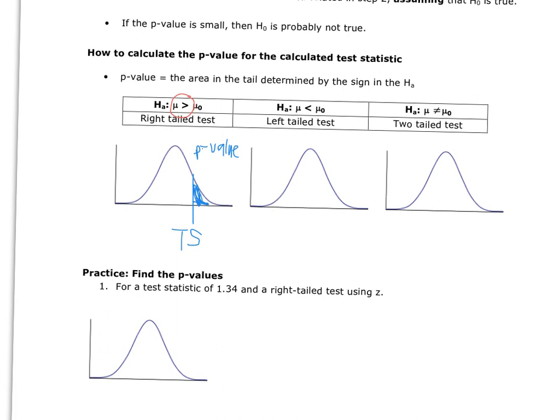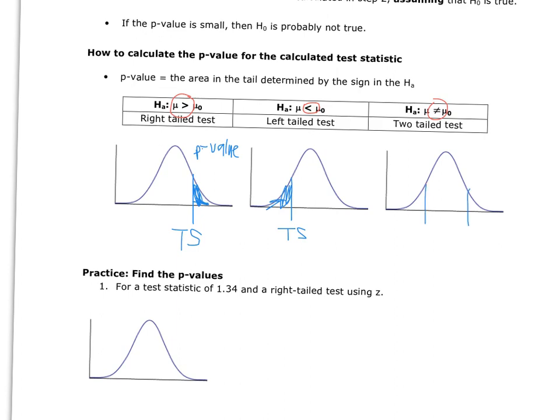Left-tailed test, we've got a less than, and the p-value is the area to the left of the test statistic. Okay, so that's the p-value. And then if we've got a not equals in our alternate, then we get a two-tailed test.